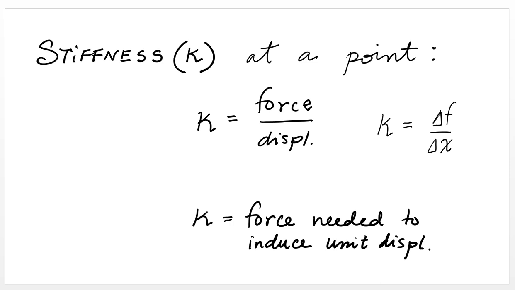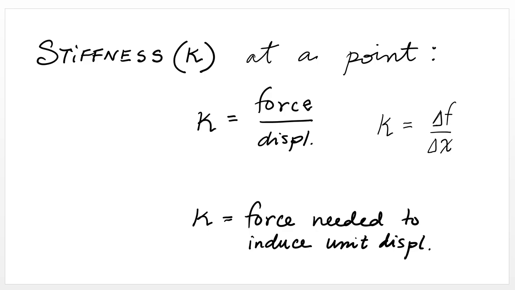Today we're going to talk about the concept of stiffness and stiffness matrix, just to touch upon the fundamental ideas. So first of all, let's define what we mean by stiffness, and specifically stiffness at a point.